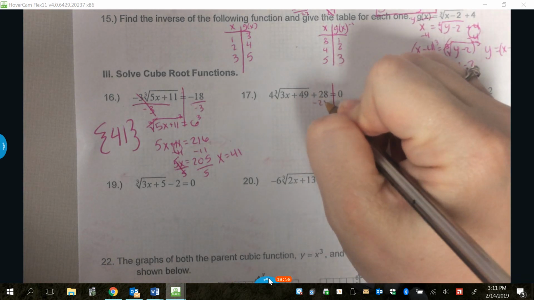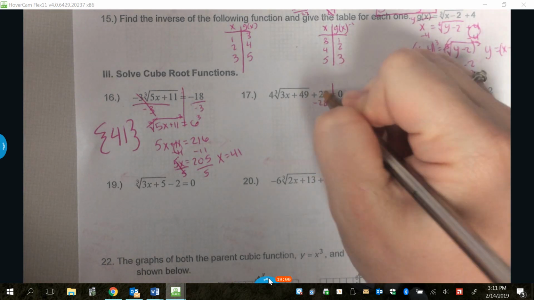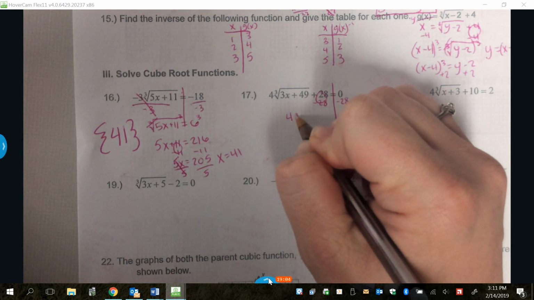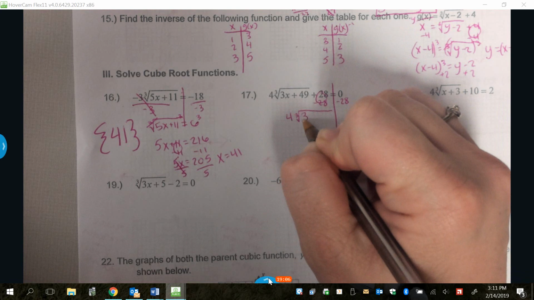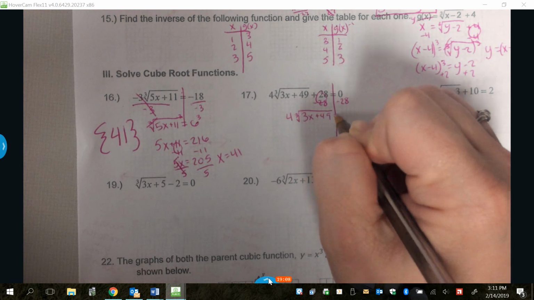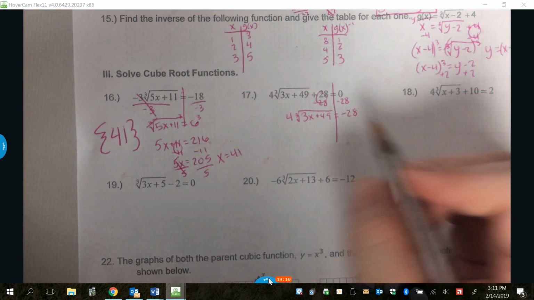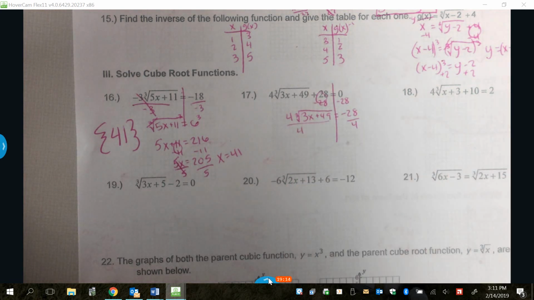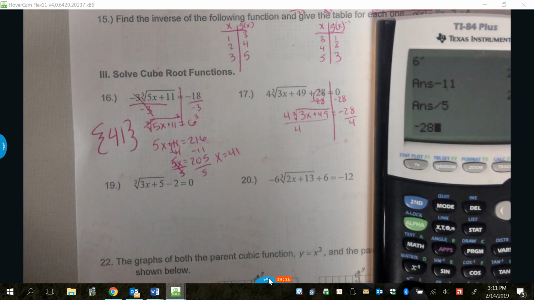I'm going to subtract 28 from both sides. Always get rid of addition or subtraction first. Okay, then I have this 4 in front. That's no symbol in between, so I'm dividing both sides by 4. -28 divided by 4.